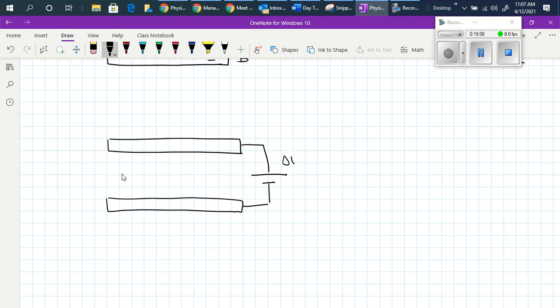The change of voltage of the battery is, let's say, 30 volts, and the distance between the two plates is 2.50 times 10 to the power of -3 meters. So we are finding the electric field strength between those two parallel plates.